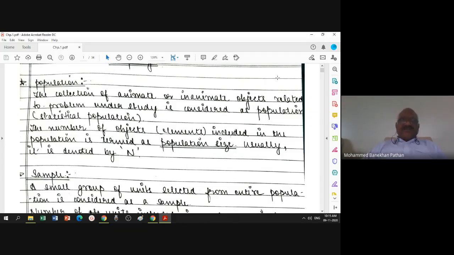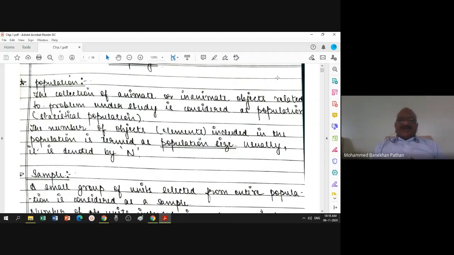My definition of population is a little bit vast. It covers each and everything related to the human being's real problems. The other collection is inanimate. I can apply statistics to non-living objects also.